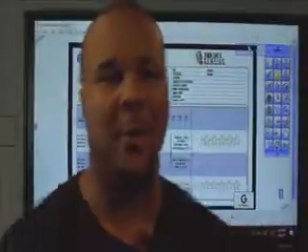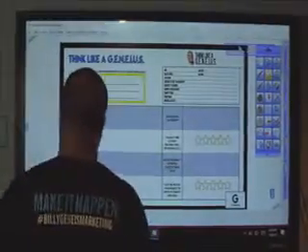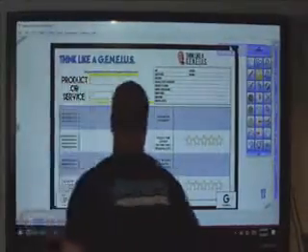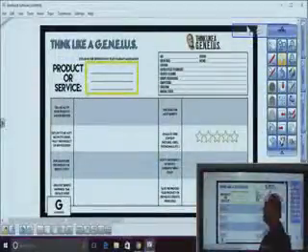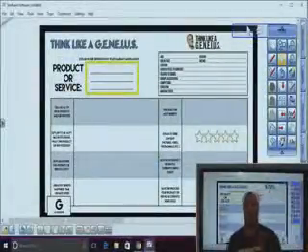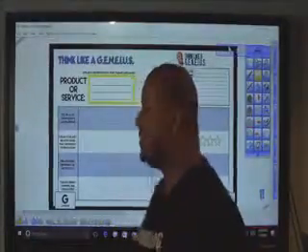So that's a question that I want you to ask for sure. Next, I want you guys to ask yourselves, how much does this product or service cost? The cost is going to dictate the way that we sell this product or service, so make sure you pay attention to that.